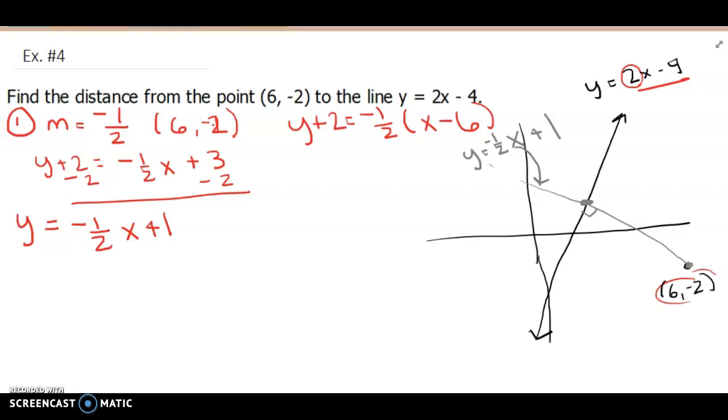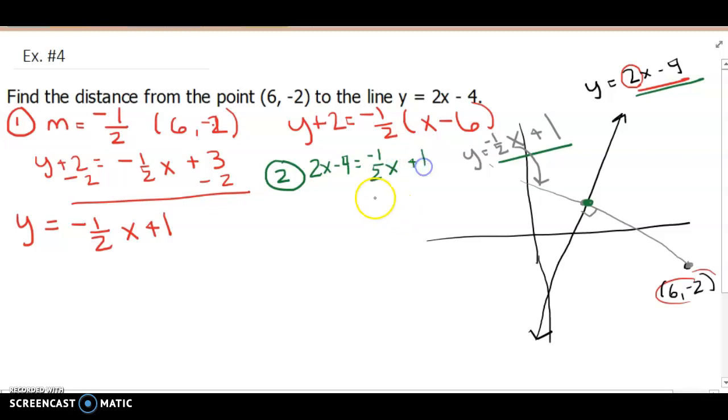All right, so now that I have the equation of both lines, I can start to zero in to find the coordinates of this point, but I need to find the x coordinate first. The way I find the x coordinate is I set these equal. So 2x minus 4 equals -1/2 x plus 1. So I'm going to add a half x to both sides.